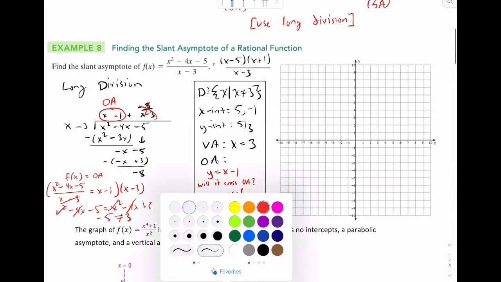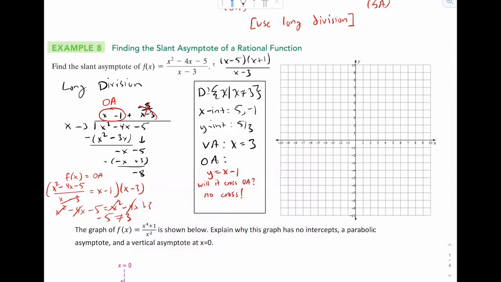Okay, let's graph. So I got my intercepts. I got 5, I'll label that nicely, (5, 0). I have negative 1. And then 5/3, let's say that's about right there.